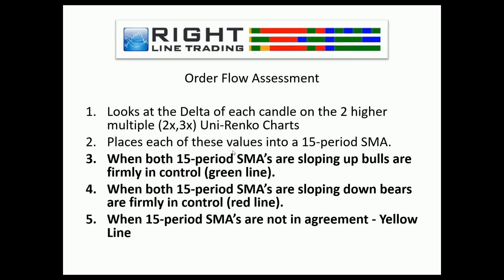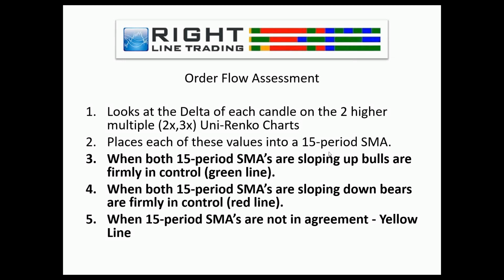So really what we're looking at is the value of the market deltas over 15 different candles. And it's the slope of these 15-period lines on the 2 higher time frames that tell you whether there's significant buying pressure or significant selling pressure in the market.